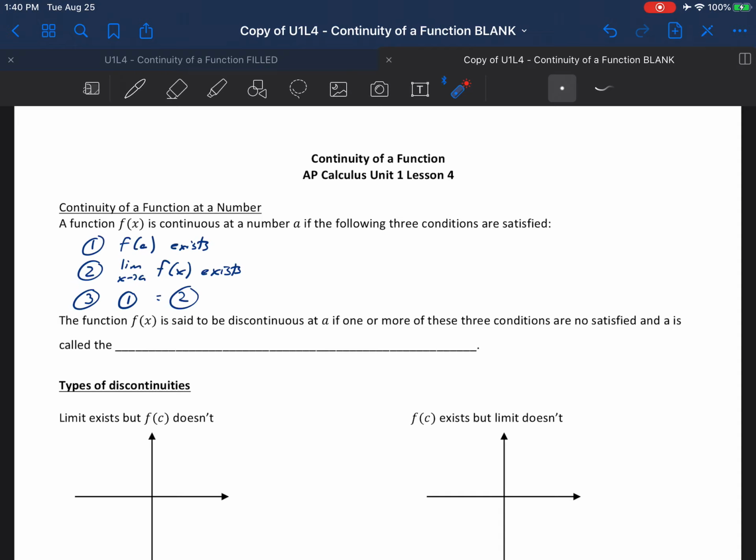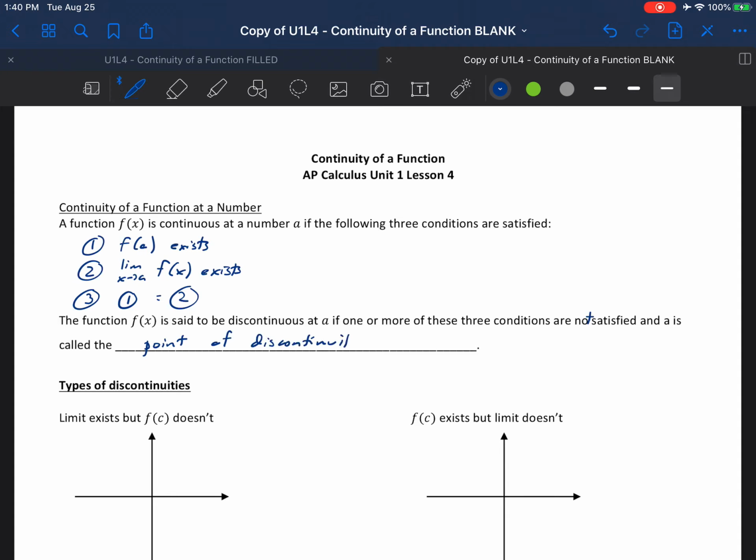The second part says that the function f is discontinuous at a if one or more of these three conditions are not satisfied. So first of all, let's change the "no" to a "not." And if that's the case, we would say that a is the point or the location of discontinuity.